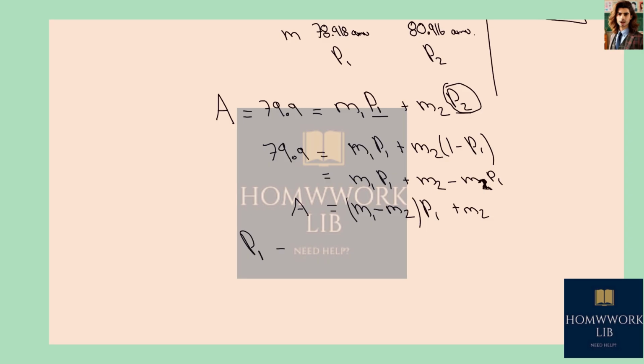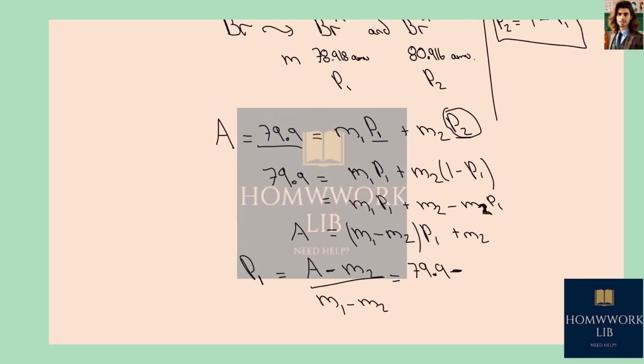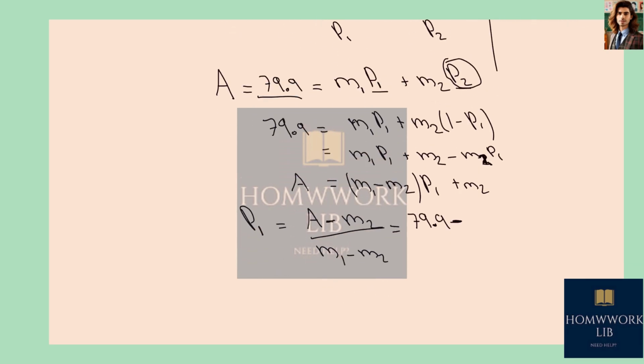Solving for P1, we're going to get the value for A minus the mass of the second isotope, divided by M1 minus M2. In this case, we can simply substitute the values. The value for A is 79.9, as I said here. That's the value that you find in the periodic table. The mass of the second isotope is 80.916. The mass of the first isotope, we said, was 78.918.